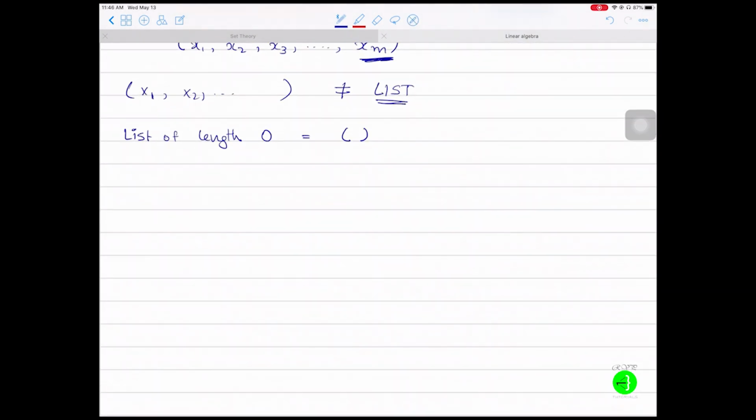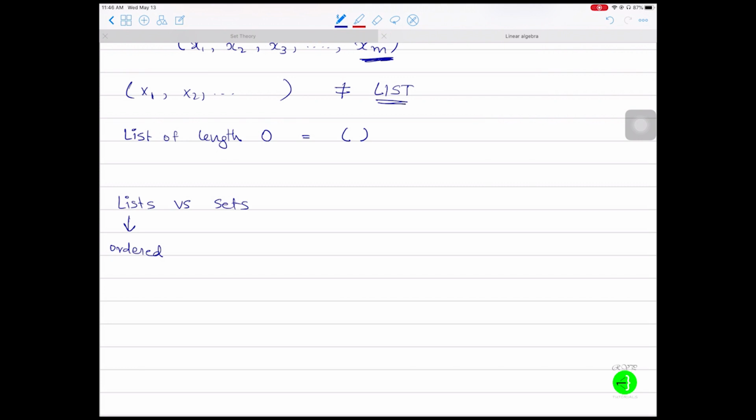And one thing is, lists and sets are very different. They are not the same thing. First thing in lists is it is an ordered collection, versus a set is just a well-defined collection of objects. So the term ordered is really important. In sets, order does not matter at all, but in lists, order matters.